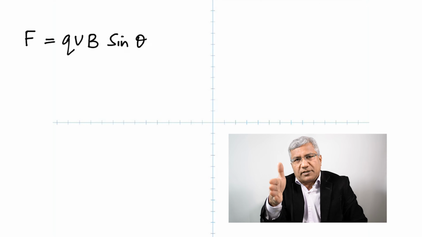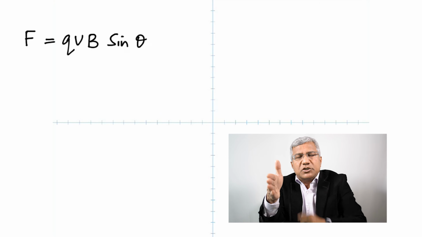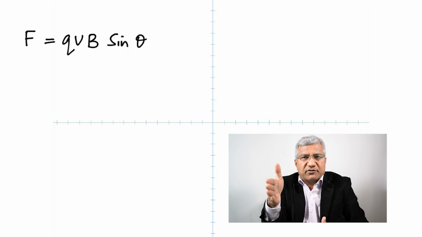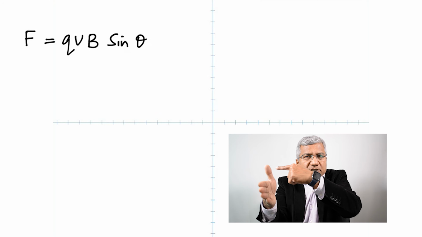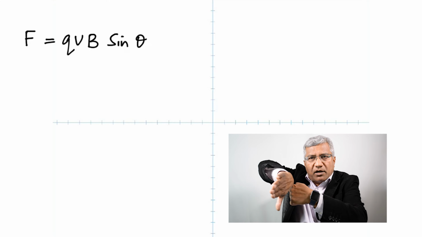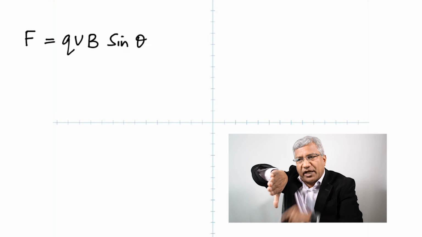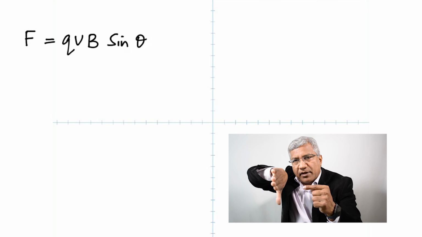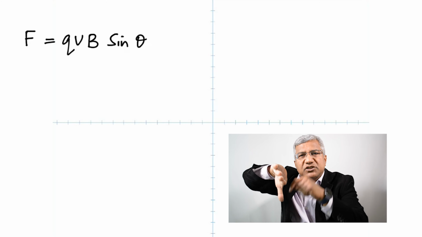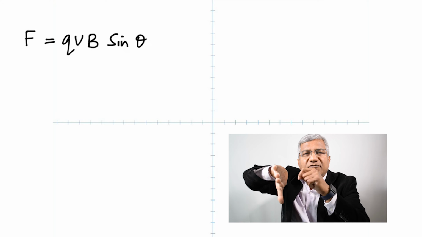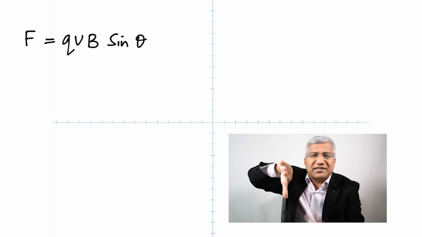So that's the velocity. The palm should give the direction of the magnetic field. And since the magnetic field was from left to right, I have to point my palm that way. Now it's okay. Velocity, magnetic field, and the thumb gives you the force acting on the positive particle. That's the right-hand rule.